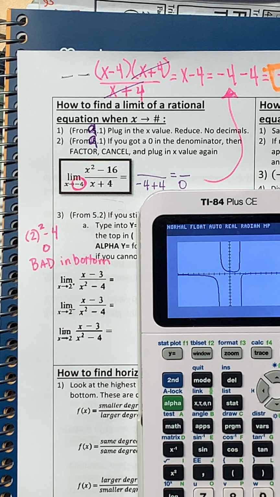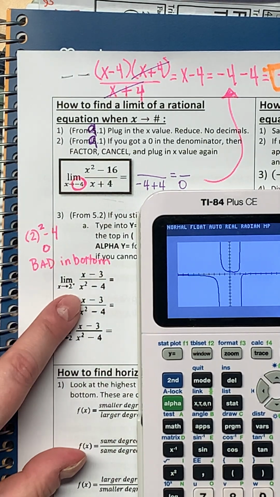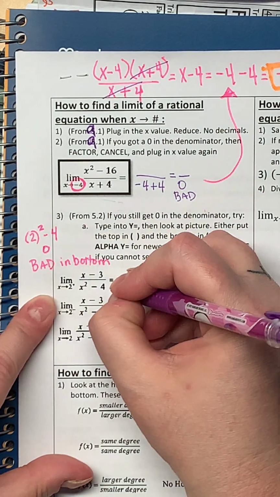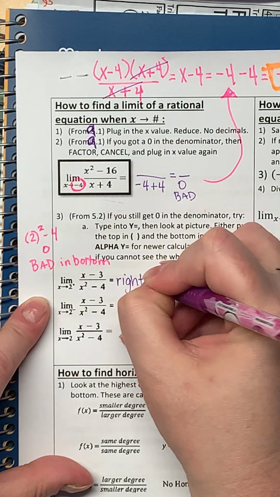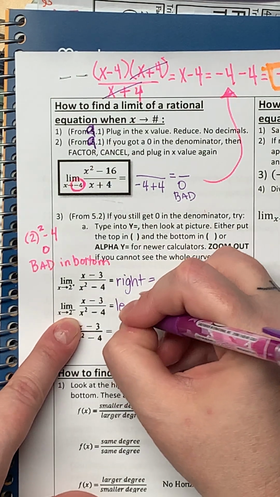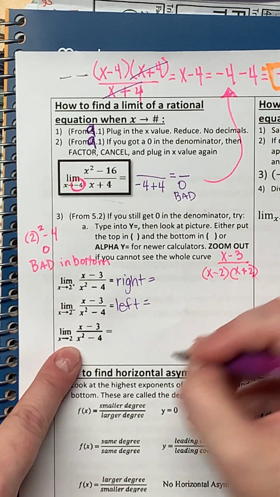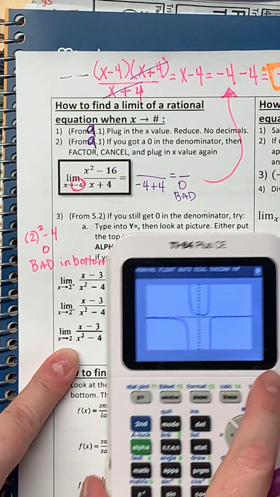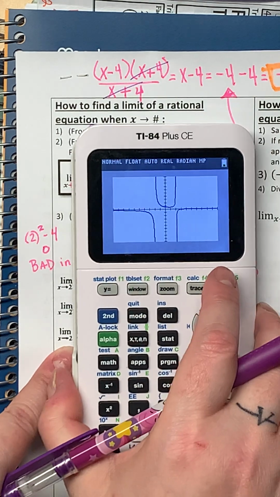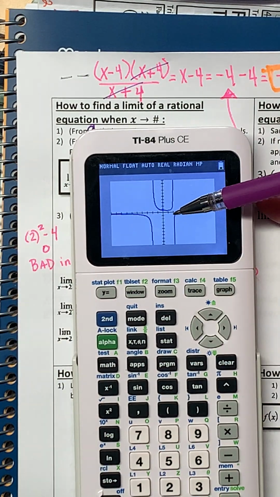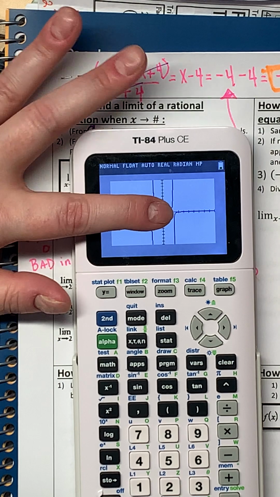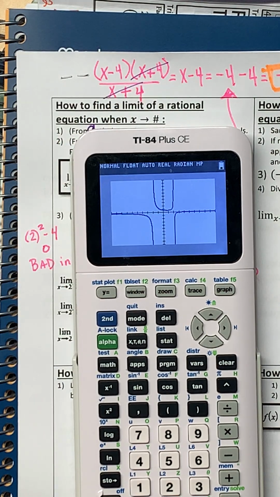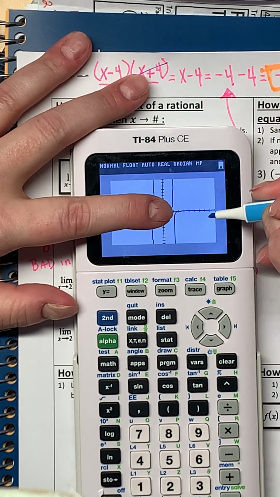All right, so here's my picture, and it says as x approaches 2 from the plus. That means from the right of 2, remember? 2 with a negative means the left. 2 with no symbol means both. Okay. So let's look at this picture. Where is 2 at? 2 is right here. So as I come up on this x value of 2 from the right, let's see what happens.